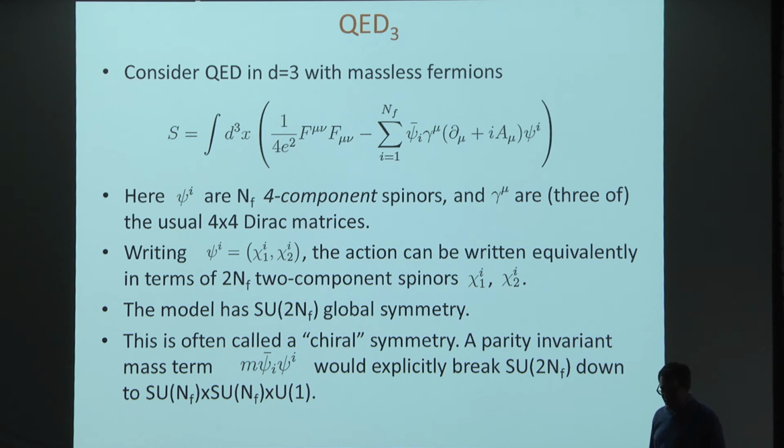The original picture of Nambu and Jona-Lasinio was the development of a condensate, right? Symmetry breaking via dynamical development of a condensate. And something like this is believed to happen in 3-dimensional QED, but as a function of the number of flavors.